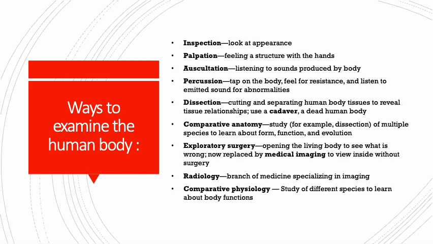Typically, we do this with a stethoscope. Percussion is when we tap on the body and we feel for things like resistance or any sound abnormalities. If something sounds hollow or full, we can also use percussion for testing to see if there's any tenderness in an area where there should not be, when we tap and things inside kind of move a little.